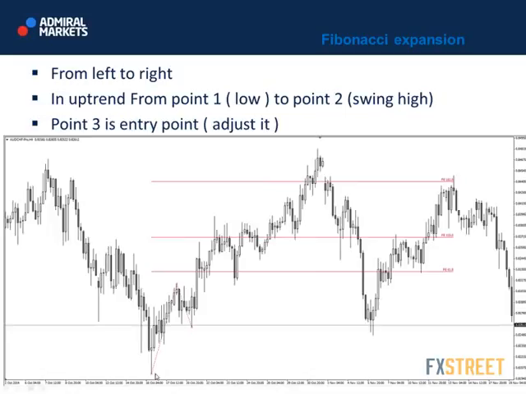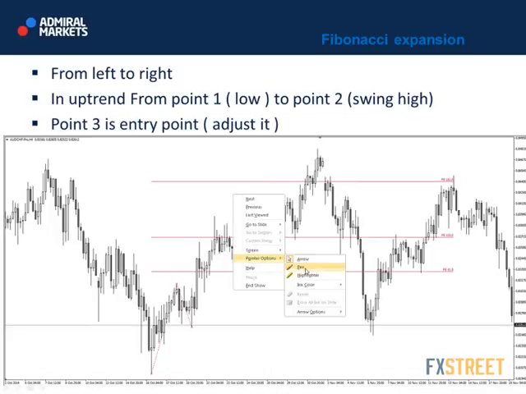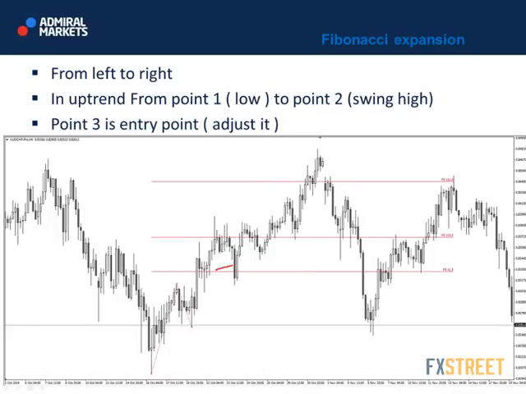So let's say this is the example. You have made your entry somewhere here at this candle, and then you place Fibonacci to see where the price might go. If you have a pivot point here, here, or there, that will be basically the confluence.